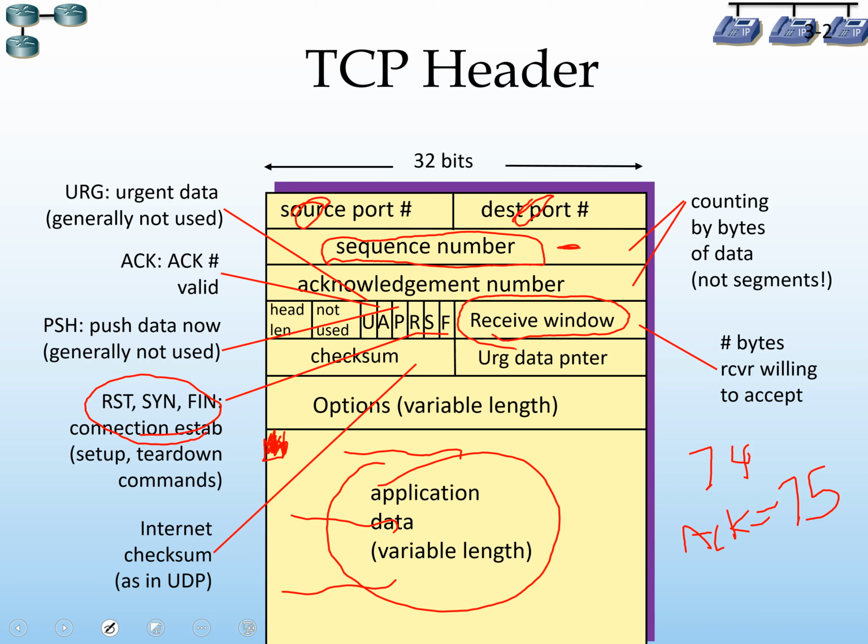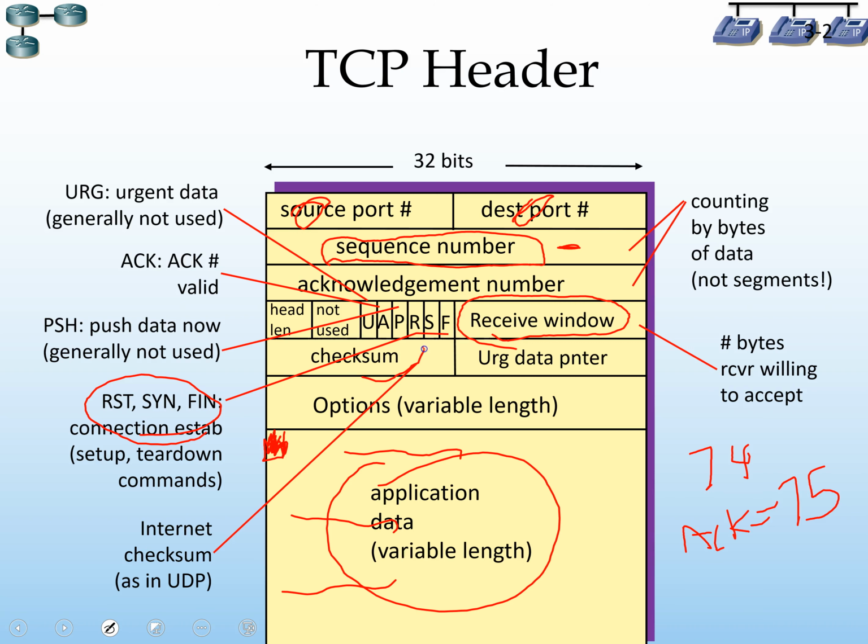So you get to declare to the other side, hey, this is the amount of data that you can send me without an acknowledgement. And the other side has to honor that. If the other side doesn't honor that, then it could send you too much data and overflow your buffer. So if A and B are talking and A tells B, my receive window is 10,000 bytes, B cannot send more than 10,000 bytes without receiving an acknowledgement for some of that data.